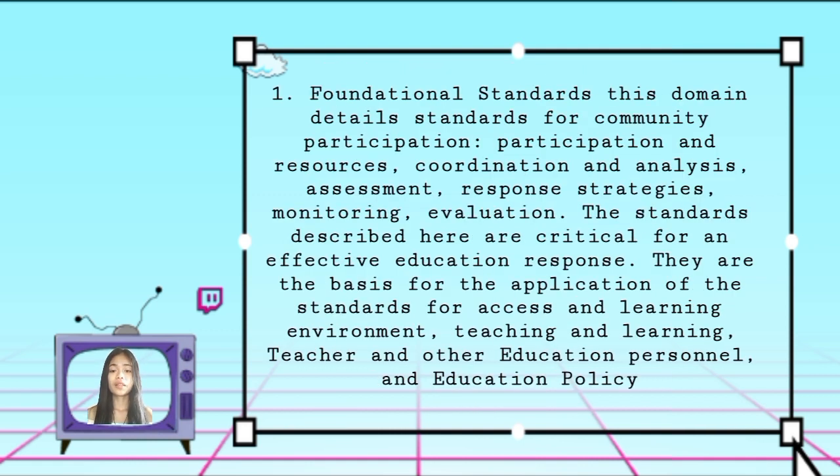So overall, education in emergencies plays a vital role in ensuring that children and youth affected by crisis have access to quality learning opportunities, protection, and support, enabling them to continue their education and rebuild their lives amidst challenging circumstances.